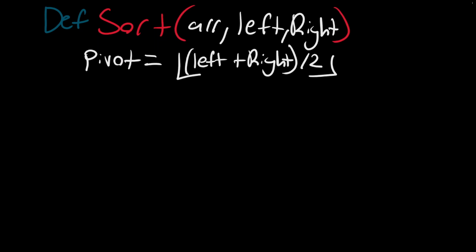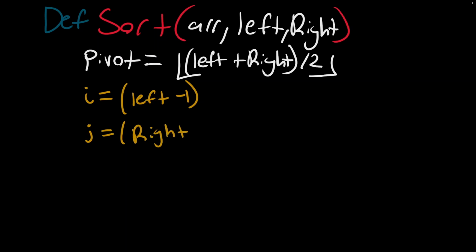Now, the way I'm going to set up i and j here is going to be a little weird, so stick with me. I is going to be equal to left minus 1, and j is going to be equal to right plus 1. You'll see why in a moment.